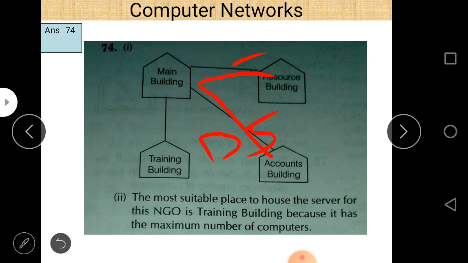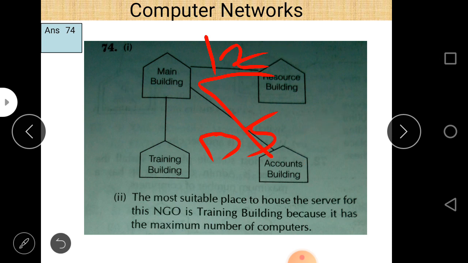And the main building to resource building distance is 125 meter. So they are already connected to each other, so the distance in total is 155 meter. When you have already connected all these buildings, there is no need to connect all these.